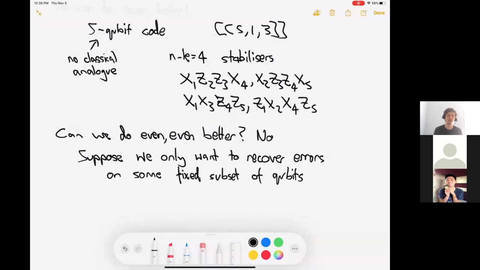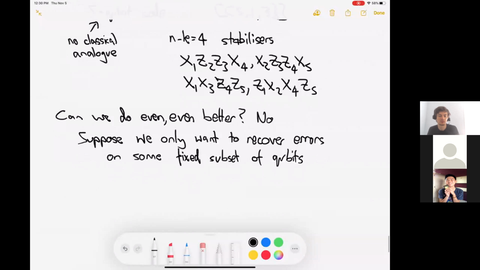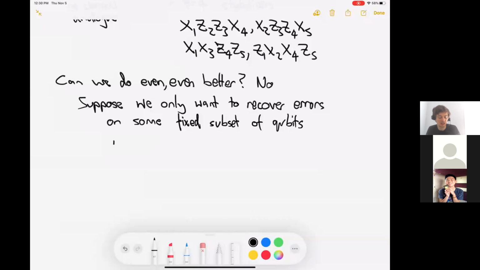Okay, so rather than correcting errors on a certain number of arbitrary qubits, we correct any errors on some fixed number of qubits. Then E_A dagger and E_B both act on a fixed subset of L qubits. Both of these act on the same L qubits.